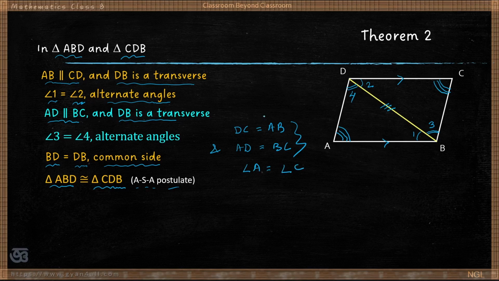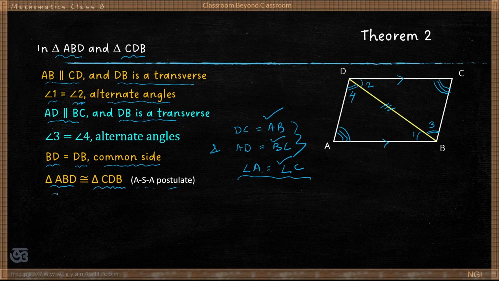What are these? These are opposite sides, these are also opposite sides, and these are opposite angles. So numbers 1 and 2 of the theorem are proved: opposite sides are equal and opposite angles are also equal. Now the third is that the diagonal of the parallelogram bisects, that means it divides it into two equal triangles or two congruent triangles.